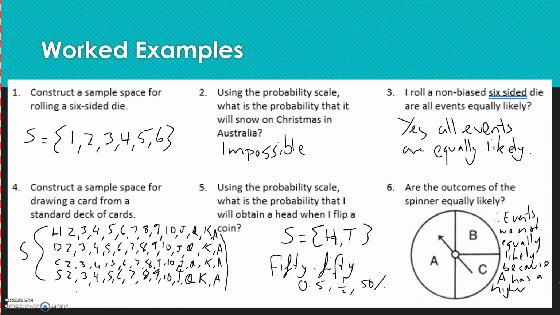Because A has a higher chance of occurring than B and C.